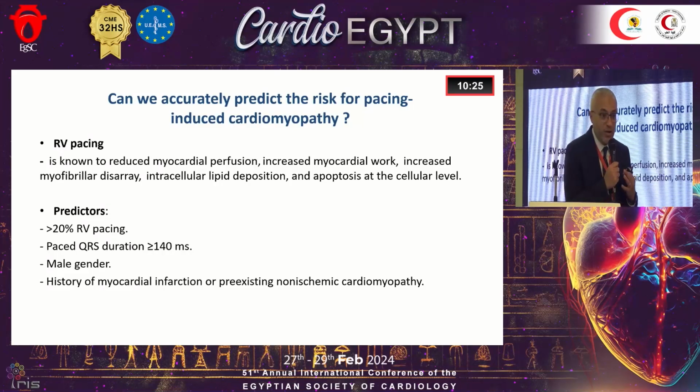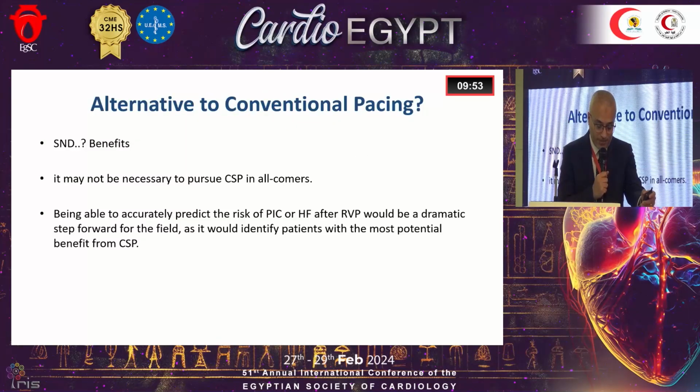Regarding the indication, I think one of the most solid indications is to avoid the deleterious effect of RV pacing. We know that RV pacing is deleterious, with dyssynchrony and even induction of cell apoptosis and depression of myocardial function. And we have some predictors of what's called pacemaker-induced cardiomyopathy: more than 20% RV pacing, a paced QRS duration more than 120 milliseconds, male gender, history of myocardial infarction or slightly depressed ejection fraction with an element of dyssynchrony, or non-ischemic cardiomyopathy.